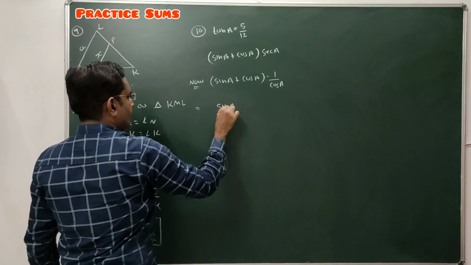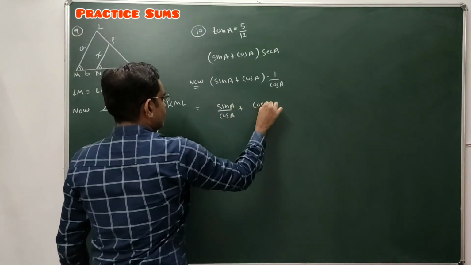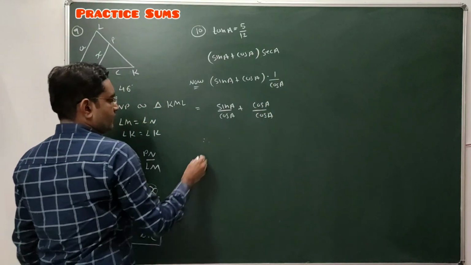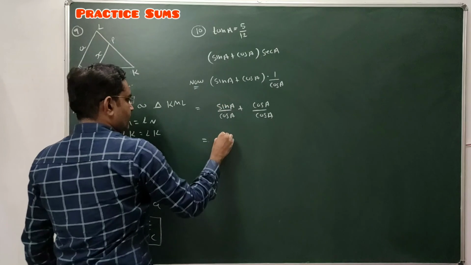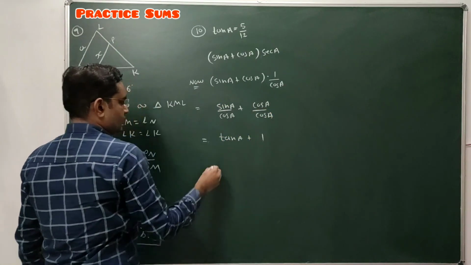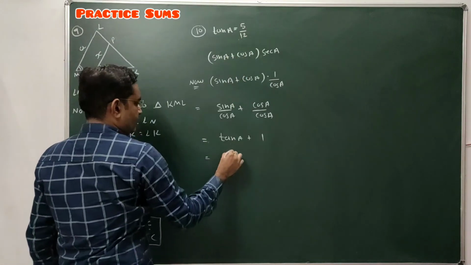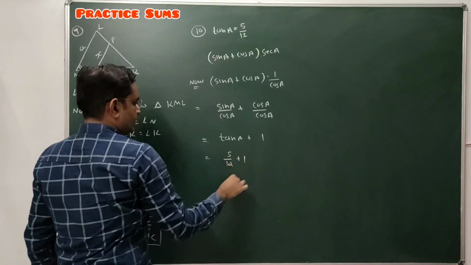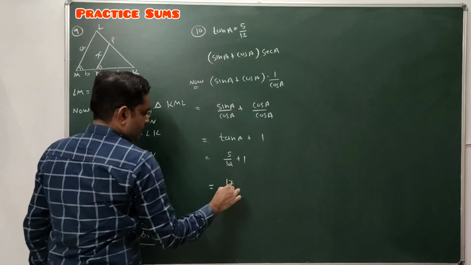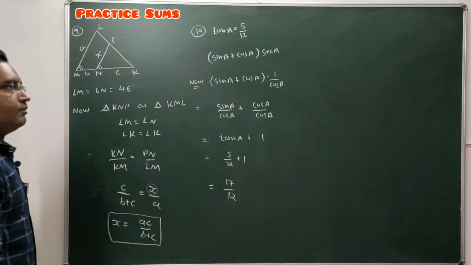So it's sin A upon cos A plus cos A upon cos A. Therefore sin A upon cos A, which is tan A, plus cos A upon cos A, which is equal to 1. The value of tan A is given 5 by 12. It's 5 by 12 plus 1. So this is equal to 12 plus 5, 17 by 12 is the answer. Done? One more question is there.